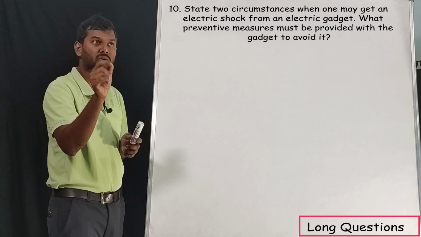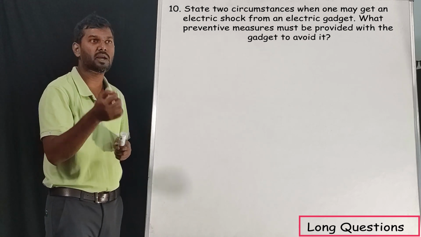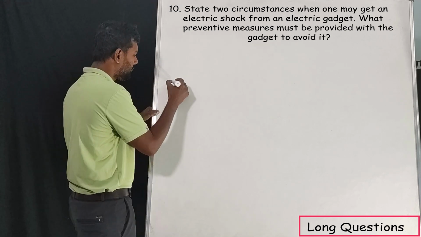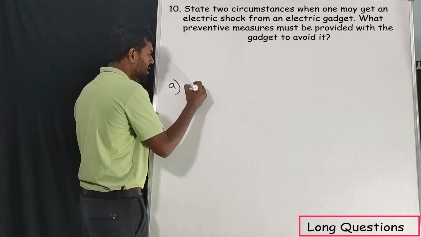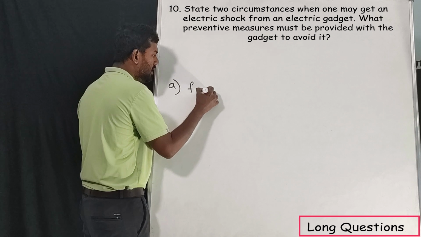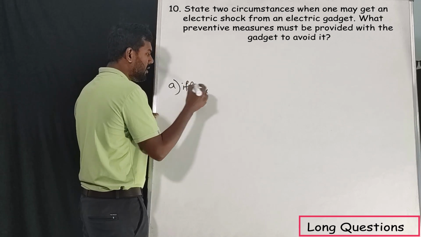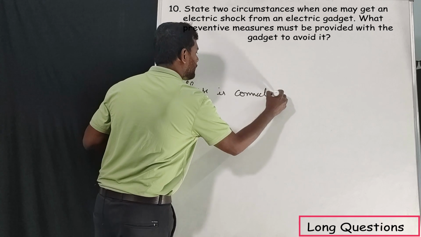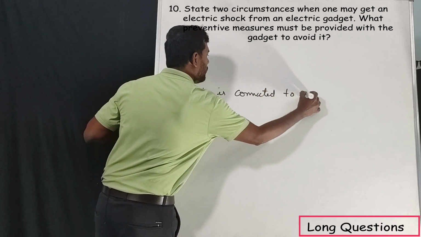So state the 2 circumstances when a person gets an electric shock from an electrical gadget. Very simple. First, if the fuse is connected to the neutral wire.